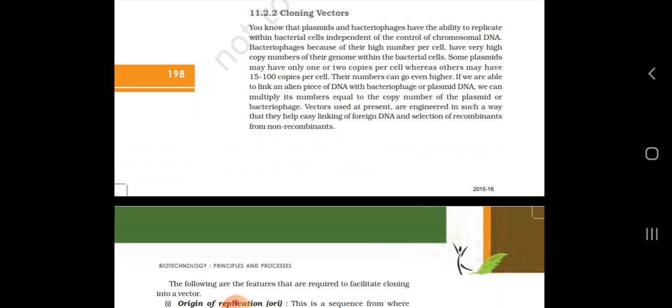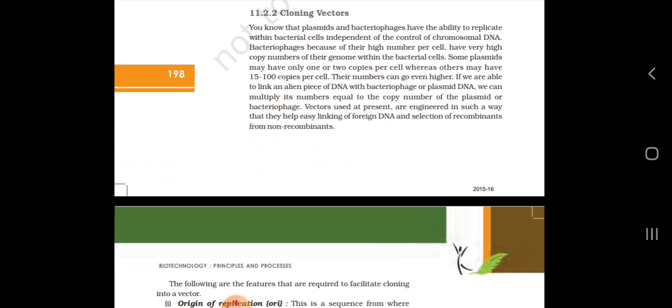They act as a medium. These vectors are of various types like plasmids, bacteriophage, YAC, that is yeast artificial chromosomes, and BAC, that is bacterial artificial chromosomes. Plasmids and bacteriophages are natural vectors.